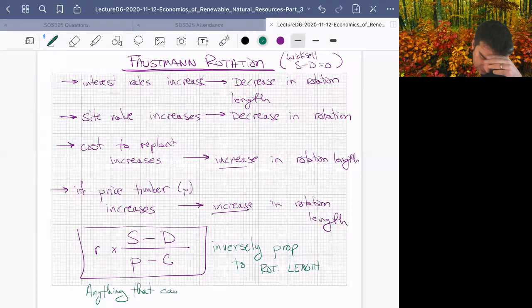So anything that causes this to increase will lead to a decrease in rotation, and vice versa.